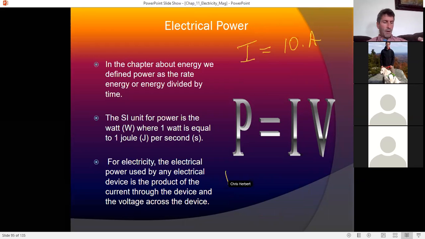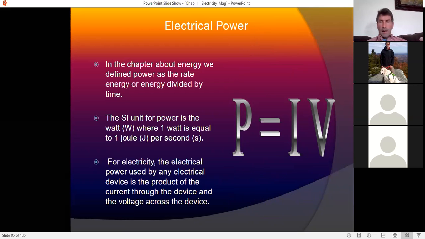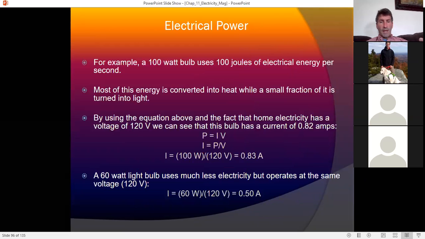So when I calculate the power, my 1200 watt microwave at 10 amps times 120 volts, 10 times 120, there's 1200 watts. So that's the other important equation that we have with electricity.